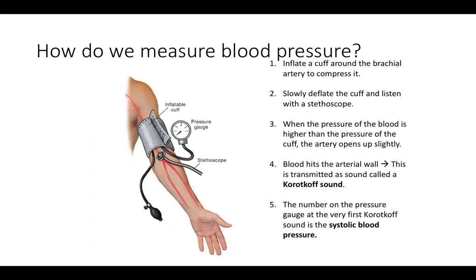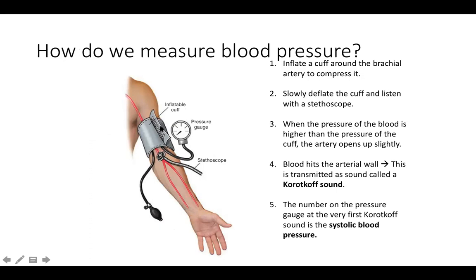We can also measure blood pressure using a blood pressure cuff called a sphygmomanometer, which measures the pressure within the arteries. We often measure blood pressure on one of the larger arteries of the limbs. Most commonly, it's the artery of the upper limb, in the upper arm, which is the brachial artery.